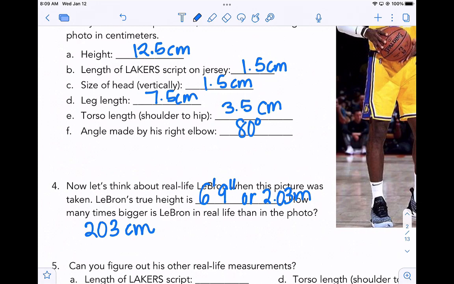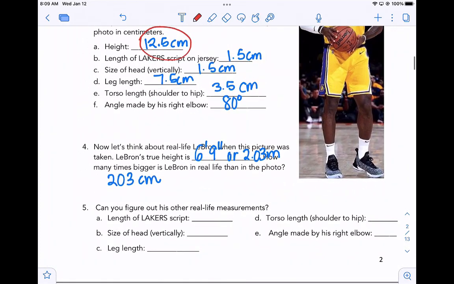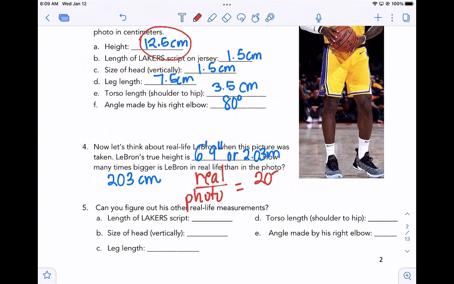It says, how many times bigger is LeBron in real life than in his photo? So if we take a look at his height, in the photo it's 12.5, and then here's his height in real life. So we're looking at real life divided by his photo to see how many times bigger he is. And we'll take 203 divided by 12.5.